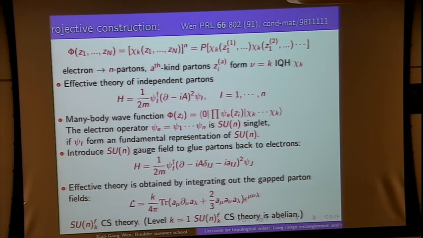But how do I project? Here the projection is not a global projection, because this is a local projection. So locally, every local region is an SU(N) singlet, not globally SU(N) singlet. But for the local SU(N) singlet, there's a field theory way to do that, by including the SU(N) gauge field, by coupling the parton theory to the SU(N) gauge field.